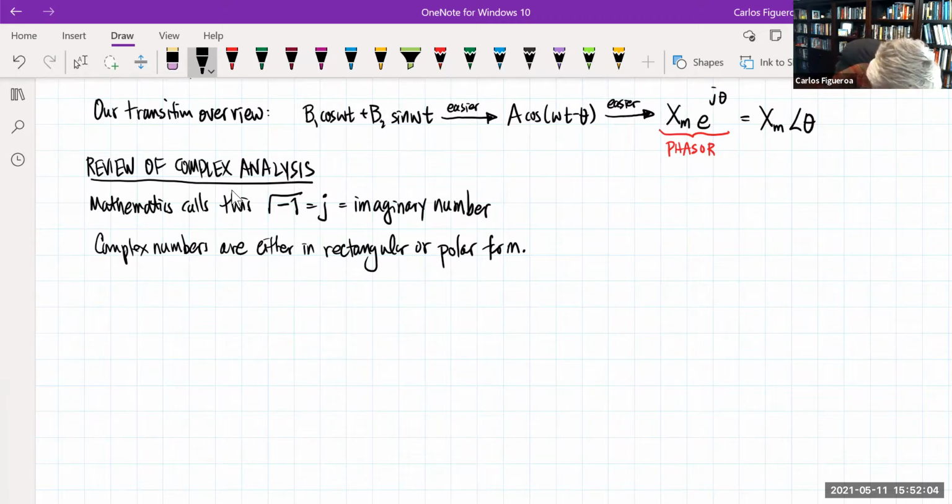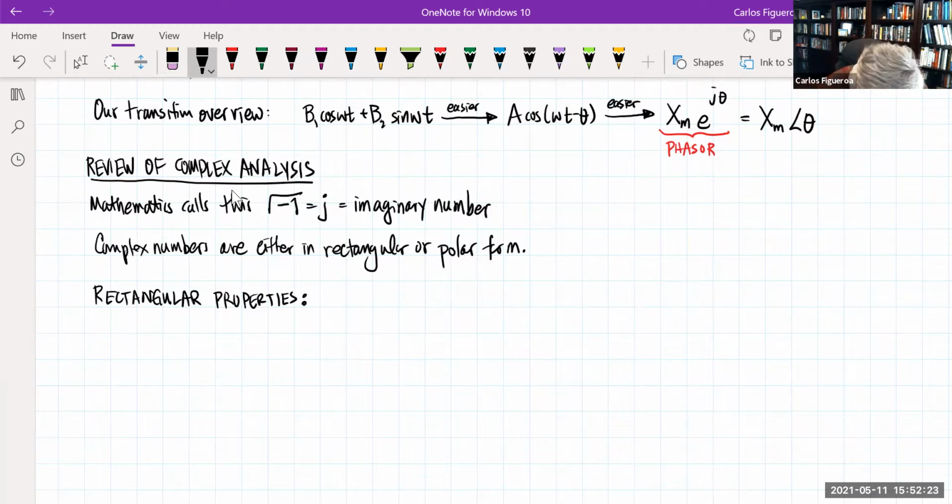So here are the rectangular properties. You guys probably know them already, but I'm just going to assume that you don't.